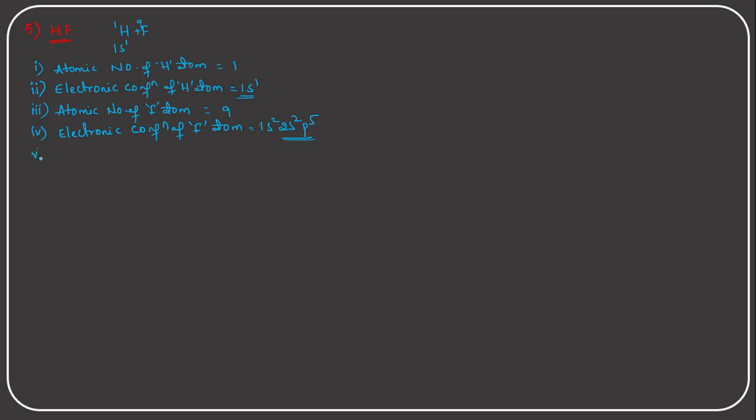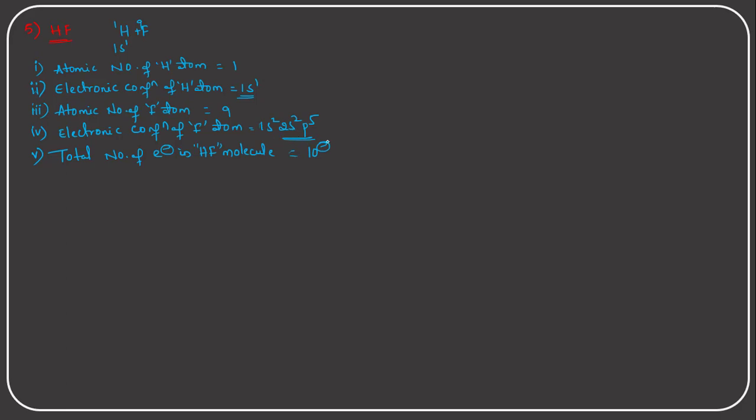And what will be our fifth point? The total number of electrons present in HF molecule. So for the HF molecule, how many electrons are there now? Here 1 electron, and here 9, so 9 plus 1, 10 electrons are there, right? 10 electrons are there.